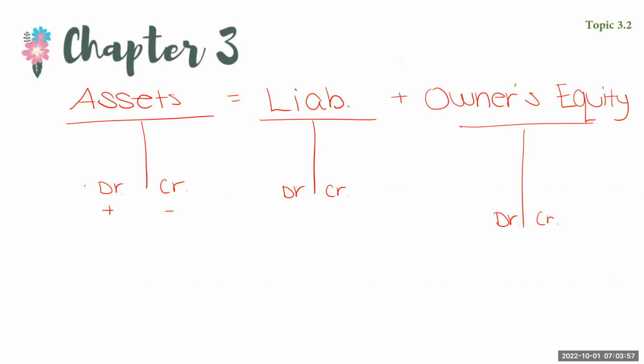The side that increases an account is called the normal balance. Normal balance. You're going to hear that phrase a lot. You'll see it in your reading, I will say it a lot, and you'll see it in instructions for problems. So the normal balance of an account is the side that increases it.